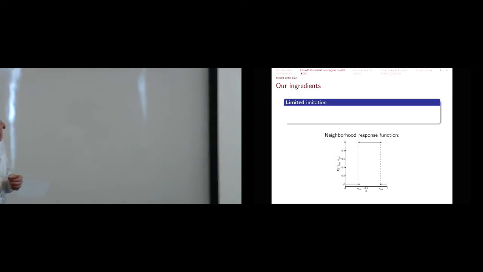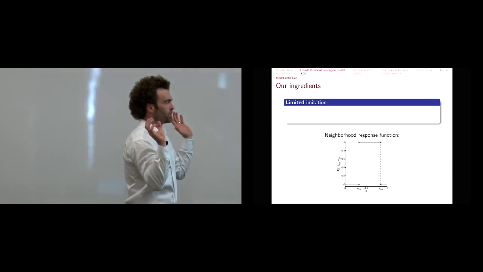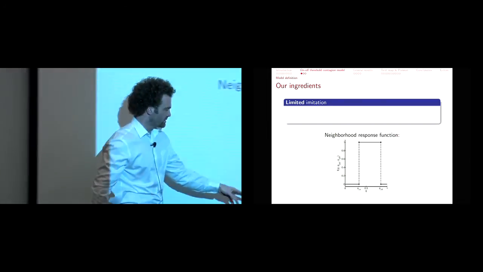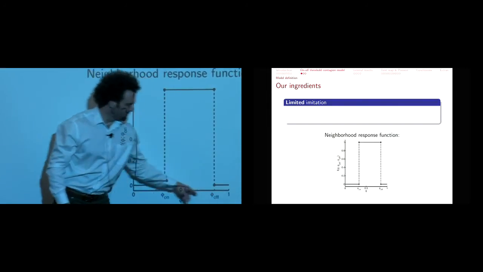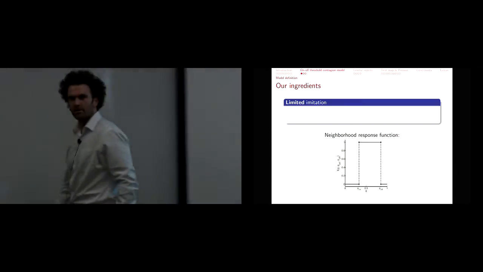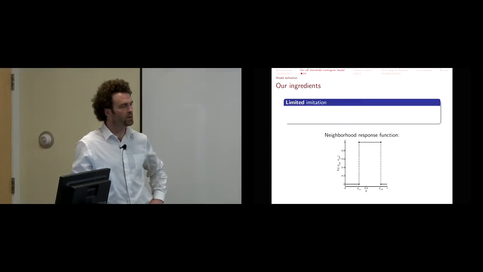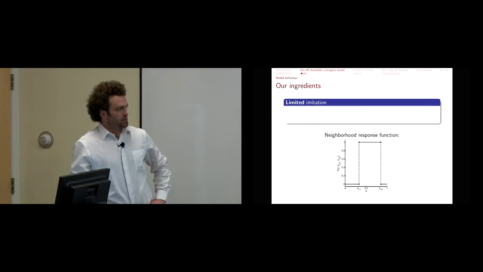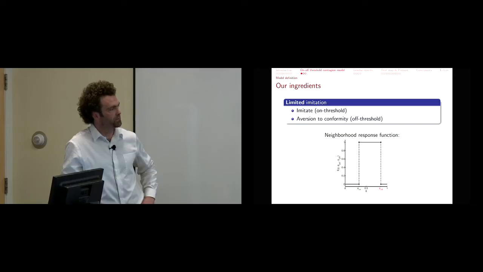What we're going to do for this model that I'm going to tell you about is give a population of people randomly chosen, uniformly distributed on thresholds between 0 and 1/2, and also randomly chosen, uniformly distributed off thresholds between 1/2 and 1. Getting at this idea: there's imitation, that's the on threshold, and then aversion to conformity. We don't want to be like everybody else.